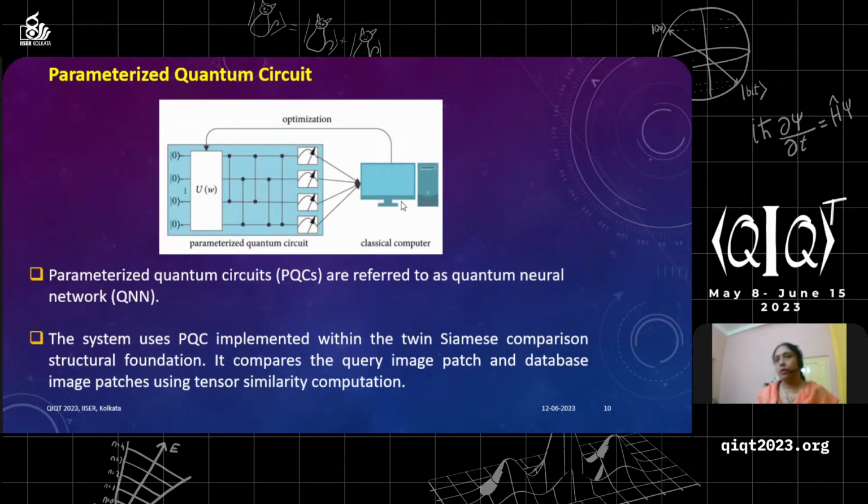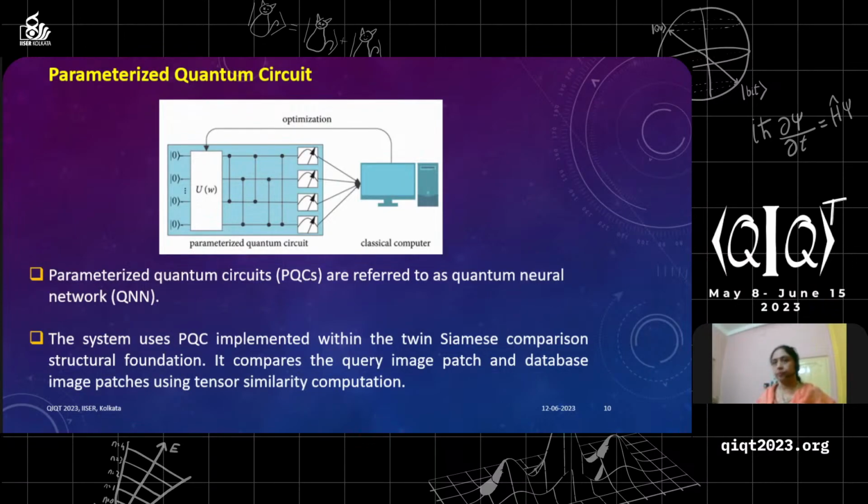When the parameterized quantum circuit is trained, the training optimization takes place in the classical computer. In this way, the training of a quantum neural network can be considered a quantum classical hybrid method.